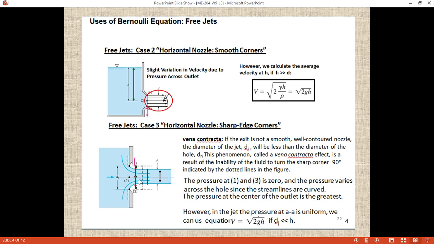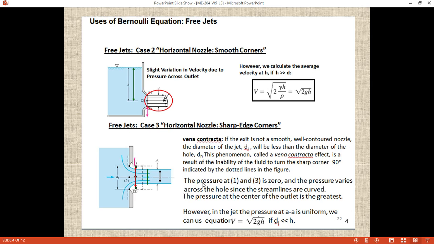Here you see these are the sharp edges. The diameter of the hole is bigger, but the diameter of the jet of water is smaller. So this is dj, the diameter of the jet, and this is the diameter of the hole.